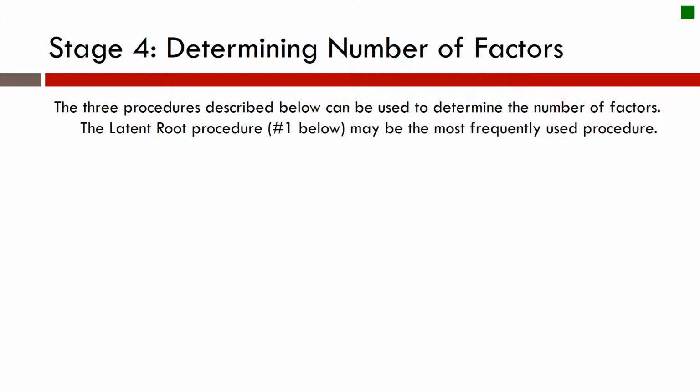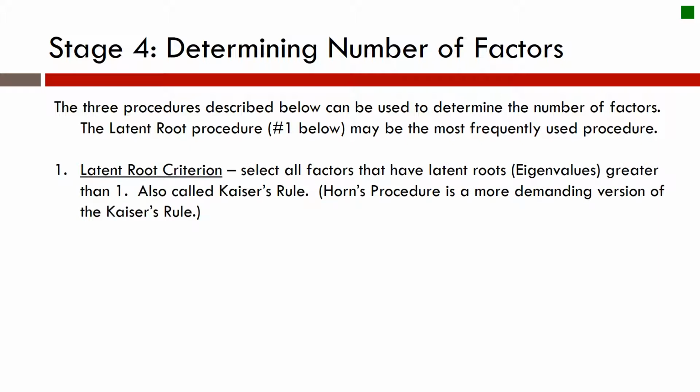The latent root procedure, or the latent root rule, or the eigenvalue rule, is the most popular approach here, sometimes called Kaiser's rule, but it's really the eigenvalue greater than 1 rule. When you run your data analysis, it's going to pull out the commonalities, the shared variance across your variables.